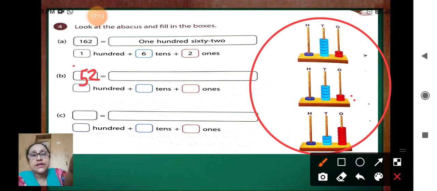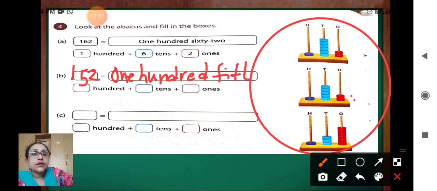And in the hundreds place, 1. So 152. Write the number name. 152. Then here you will write 100 plus 5 tens plus 2 ones.